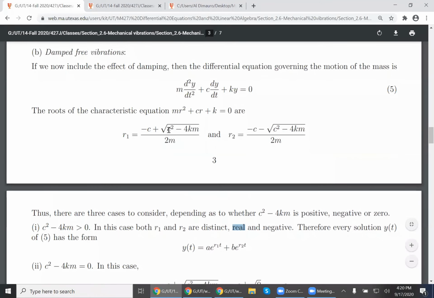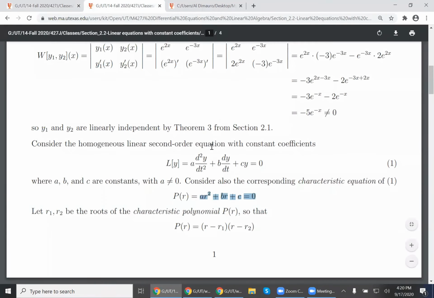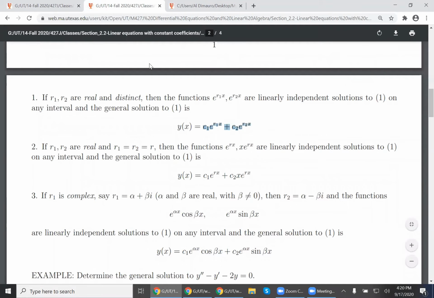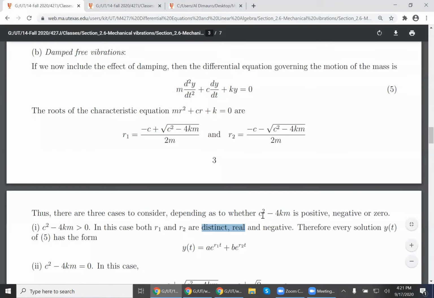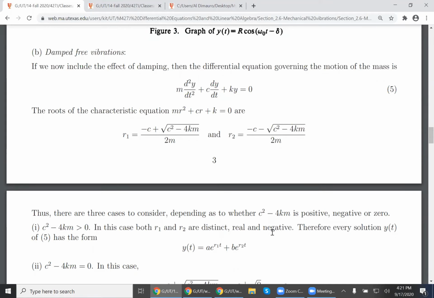Moreover, since the discriminant is positive, square root of discriminant is a strictly positive number, therefore this is different from this. So roots are distinct. Basically, since R1 and R2 are real and distinct, we can immediately apply this formula. However, for future reference, we also mention that both roots are negative. Here is why.